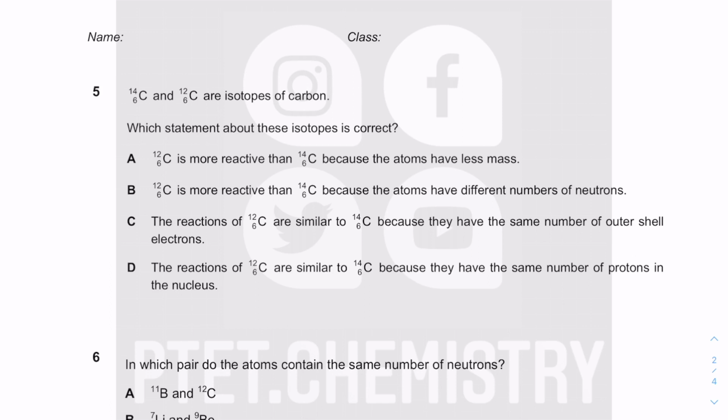Question 5, you have carbon 14 and carbon 12. They are both isotopes of carbon. So we know that isotopes are atoms of the same element with the same number of protons but different numbers of neutrons. So the first statement is talking about reactivity. This is incorrect. Isotopes have the same chemical reactivity because they have the same total number of electrons.